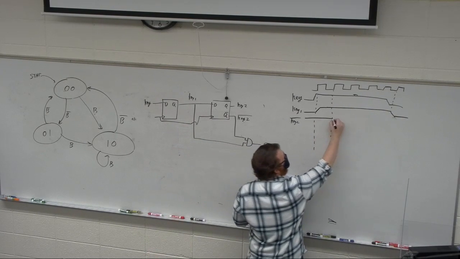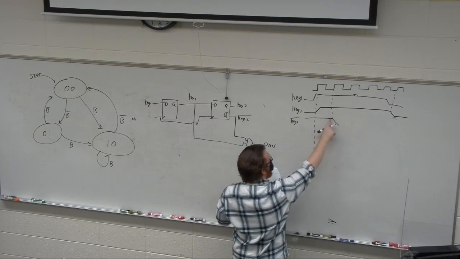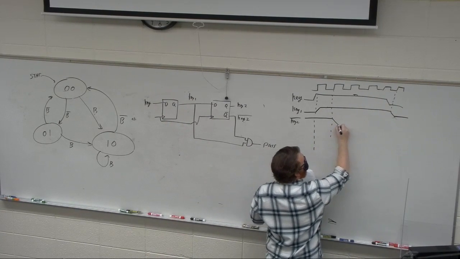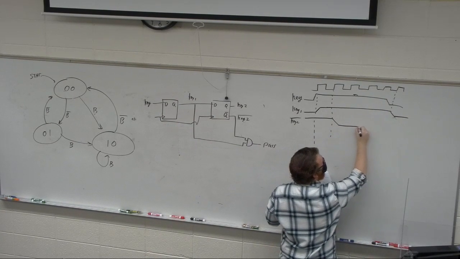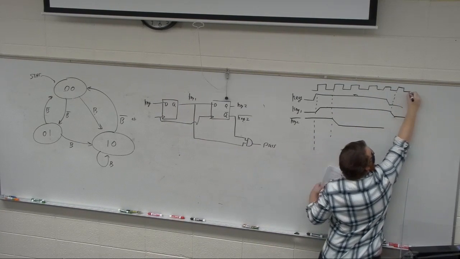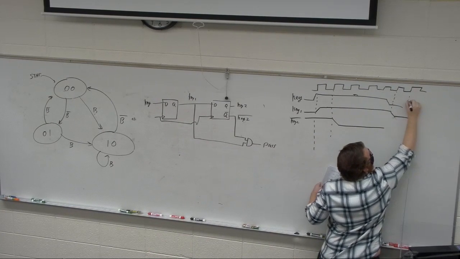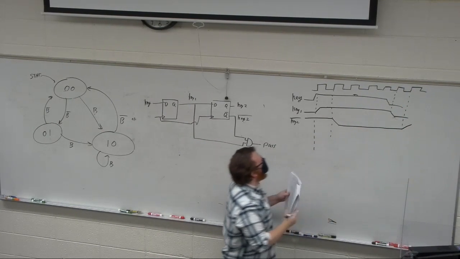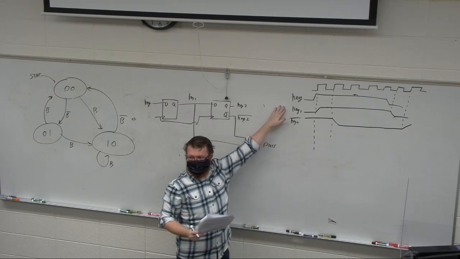Then we lower, because that's happened. Key 2 bar then stays low until a clock cycle after Q1 changes, right?